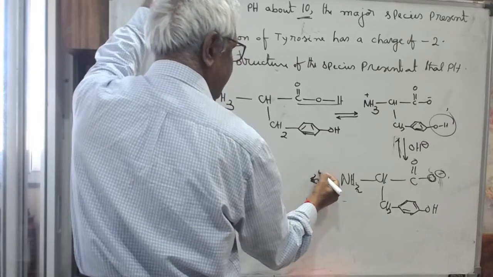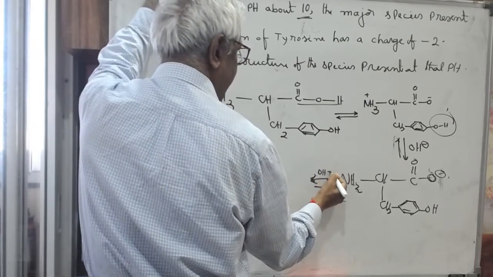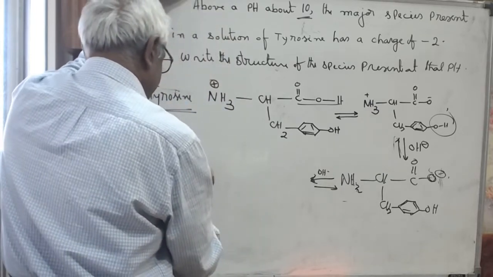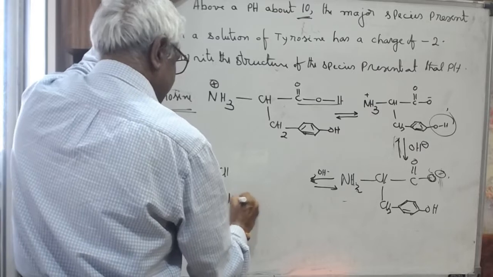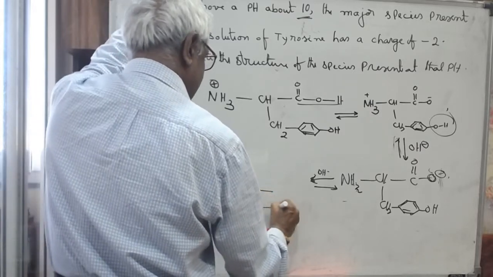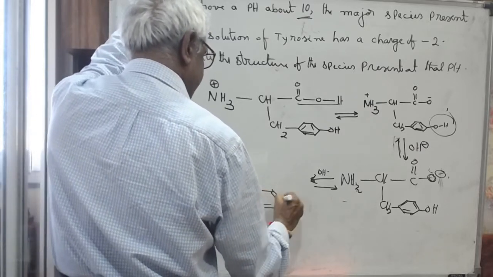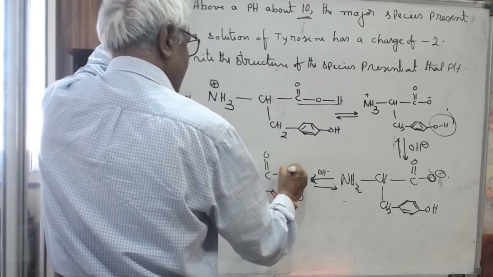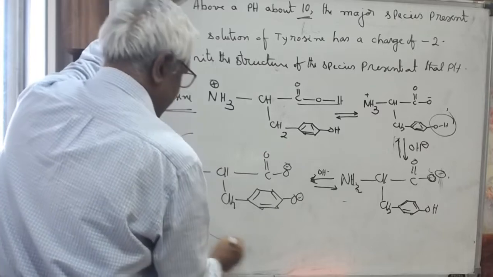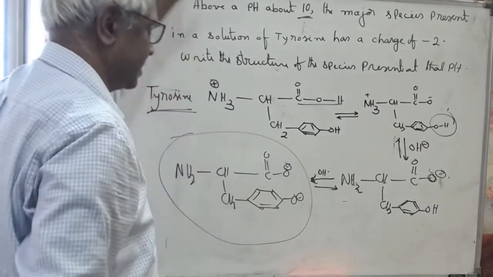Therefore, add OH minus again. What will happen? NH2, CH, CH2, O minus, COO minus. So what is the structure of tyrosine at pH 10?